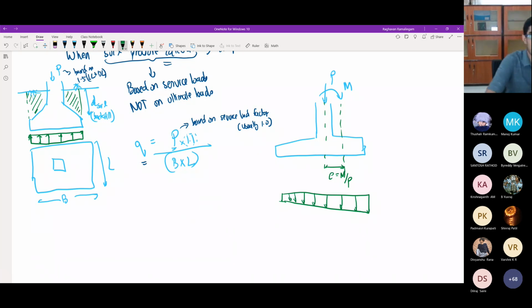If it was only P, the pressure distribution would have been like this, purely axial.